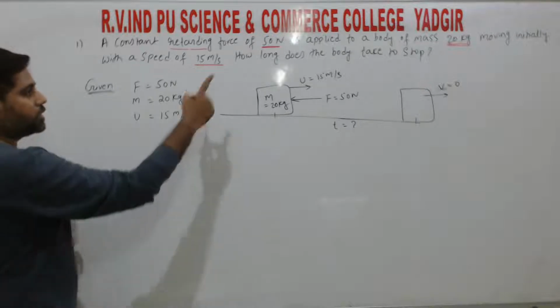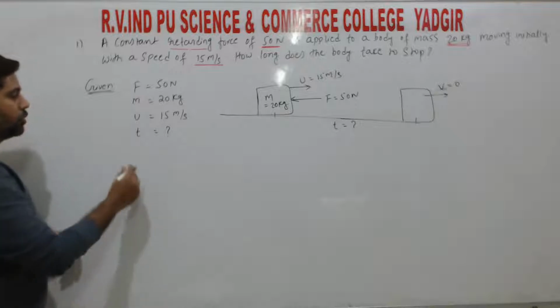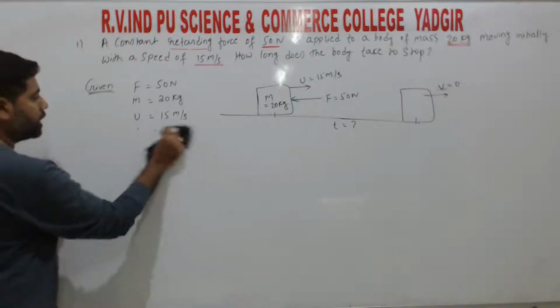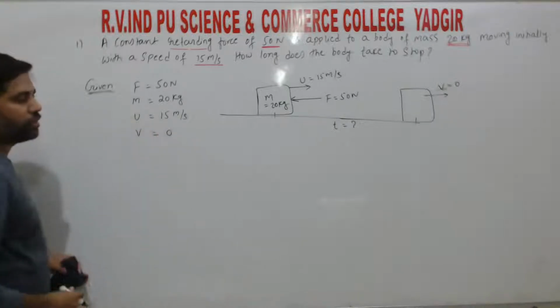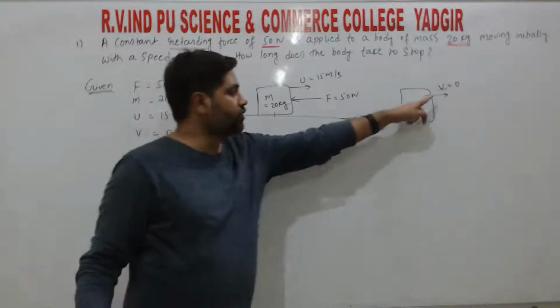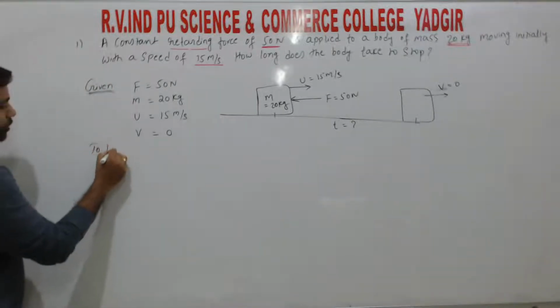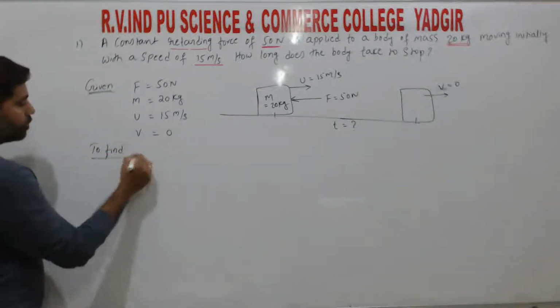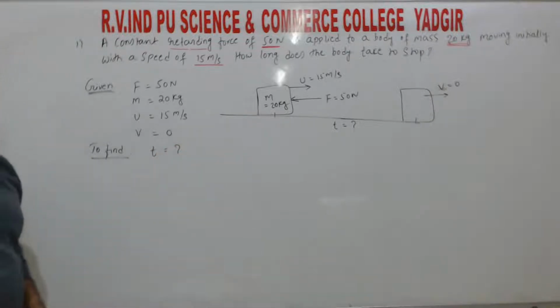So we need to find the time, t is equals to. Again here one more quantity, that is v is equals to 0, because it comes to rest means its final velocity is 0, right? So to find t is equals to, we need to find, right?